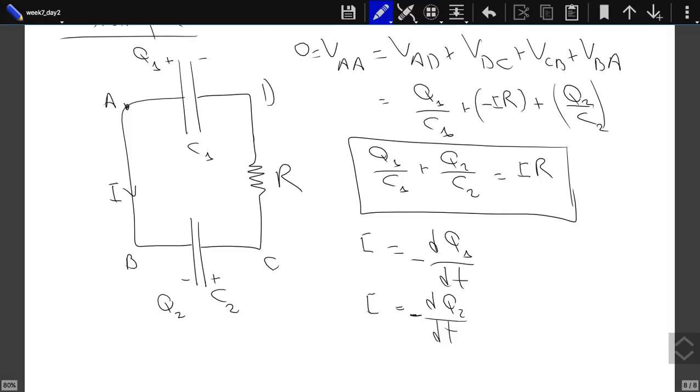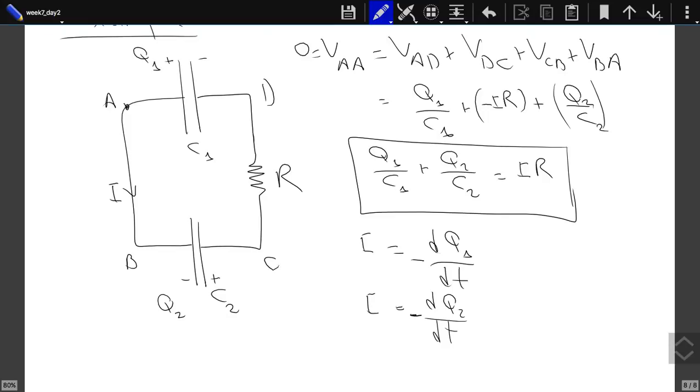So the charge on this plate will increase by I, which is a positive number, and the charge on this positive plate will be decreased by I. So if the charge in this plate is Q2, in a unit amount of time it has decreased by I. So Q2 as a function of time is decreasing.